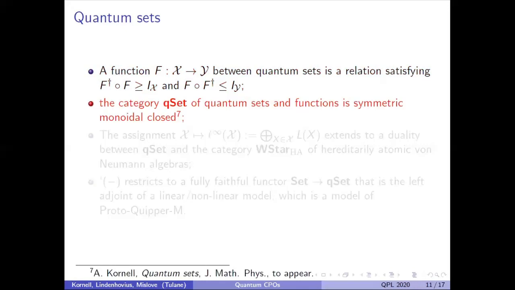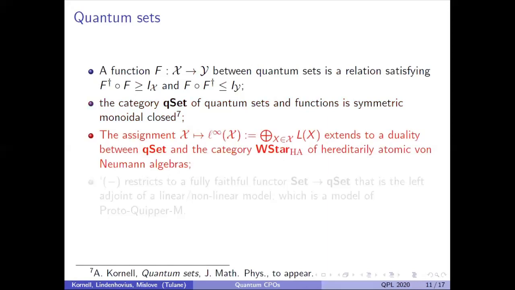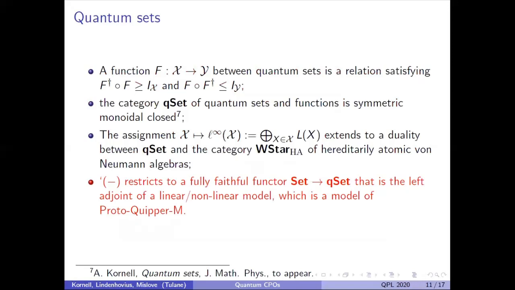Now, so we get a category of quantum sets and functions, and this is symmetric monoidal closed, as shown by André Kornell. And it's dual to this category of hereditarily atomic von Neumann algebras. And furthermore, we have again an embedding of Set into QSet, and this embedding is the left adjoint of a linear non-linear model, and this model can also be used to model Proto-Quipper-M.